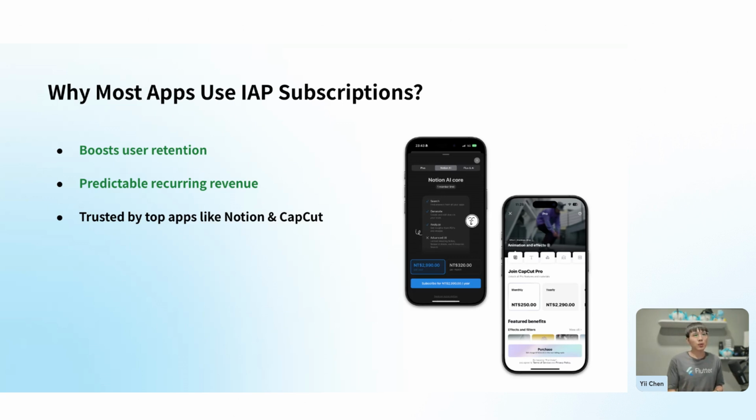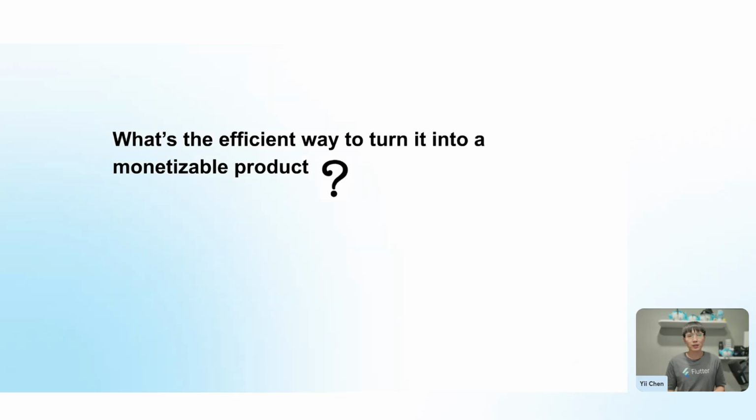This encourages long-term retention and gives the product team more stability in planning and forecasting. It's not just indie developers. Major apps like Notion and Capcom are also monetizing through IAP subscriptions. So it's not just a trend, it's a proven, scalable business model.